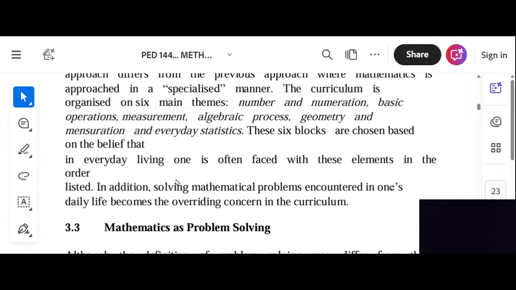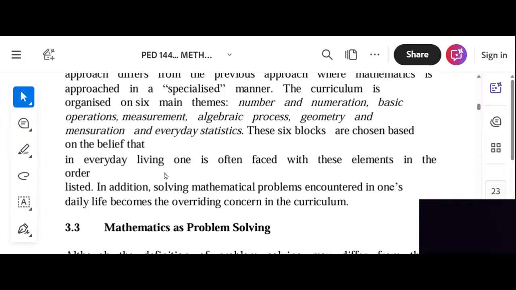You are likely going to meet number and numeration, you will need to do basic operations, you may need to measure, and you will do algebraic processing, geometry that helps you navigate, know about distance and locations, mensuration, and even everyday statistics. So the way they arrange it is the way those things are needed, in order of importance on a daily basis.